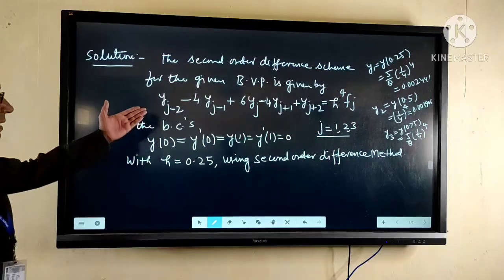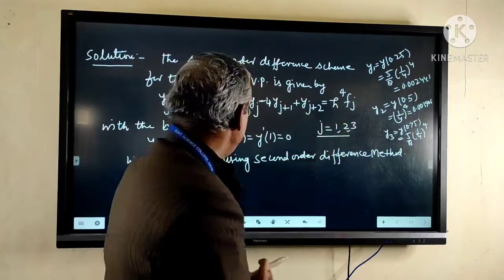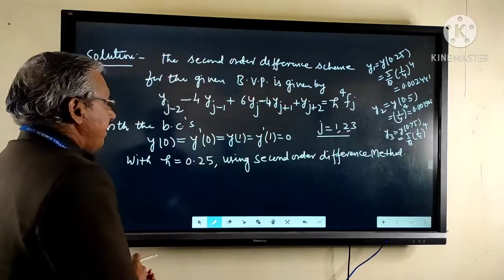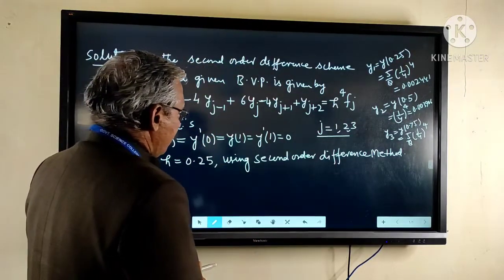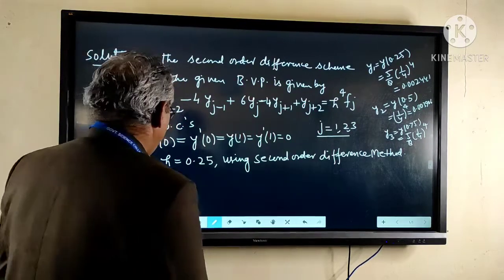This is the second order finite difference scheme for the given differential equation: y_{j-2} minus 4 y_{j-1} plus 6 y_j minus 4 y_{j+1} plus y_{j+2} equal to h to the power 4 f of j.